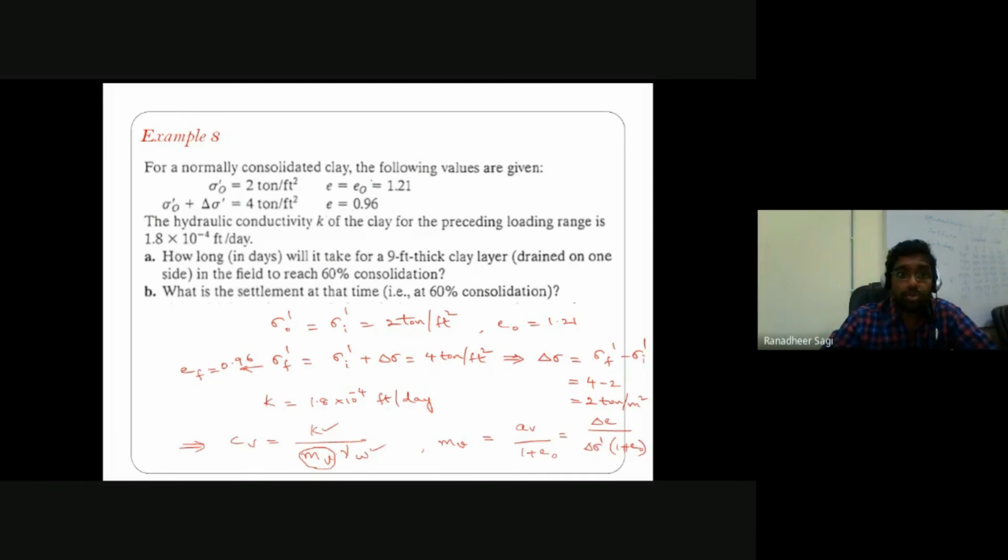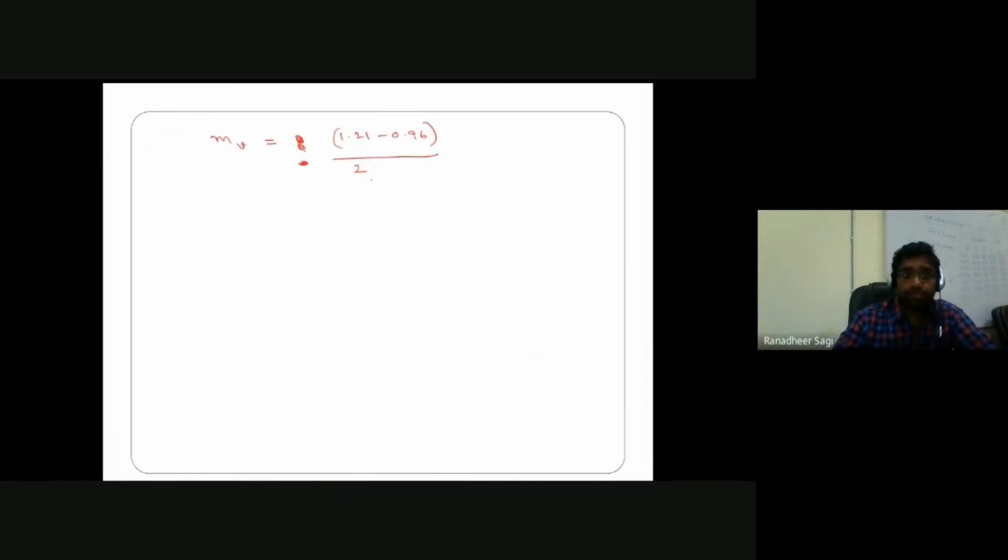Delta e is 1.21 minus 0.96, divided by delta sigma dash, which is 2 ton per feet square, into 1 plus 0.96, giving 0.063 feet square per ton.